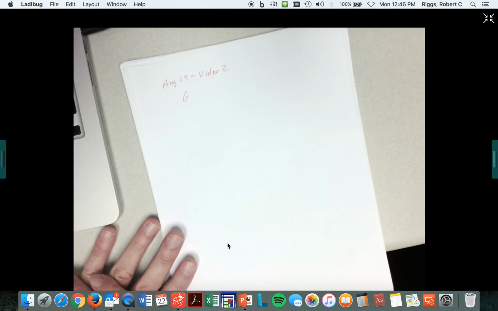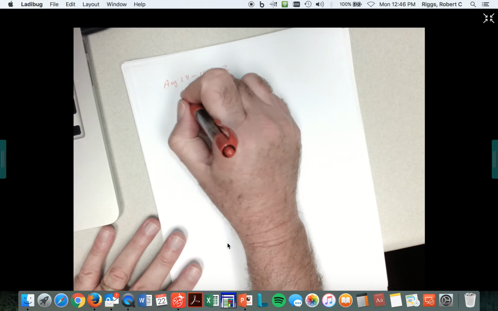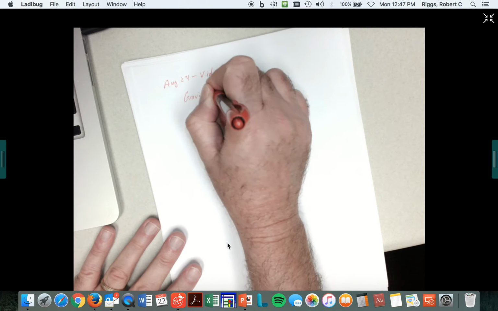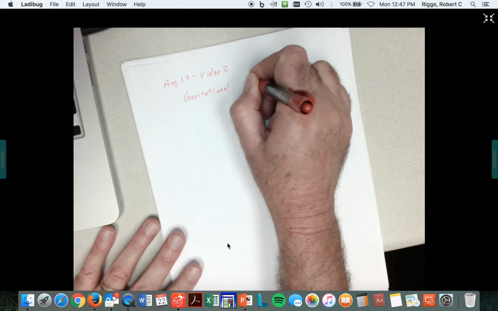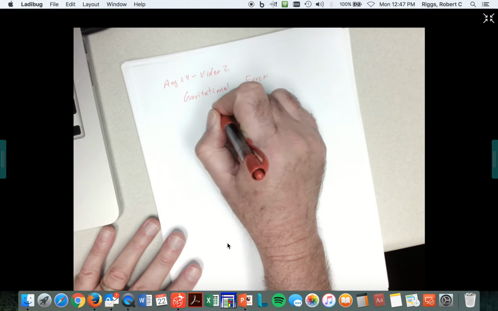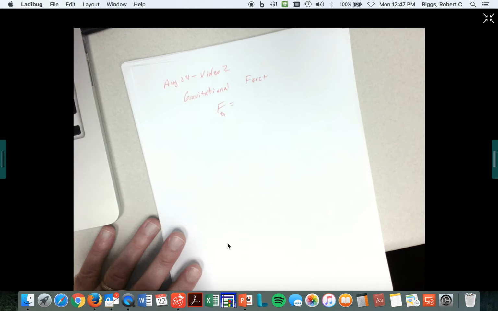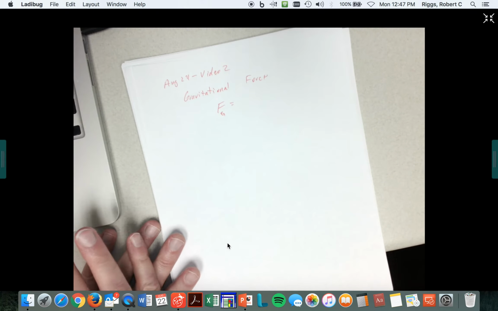Okay, so do you remember the gravitational force? F of gravity is equal, now it's not the 9.8 meters per second squared. That's what it is here on Earth for the most part, ballpark.